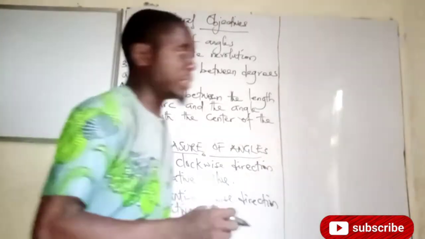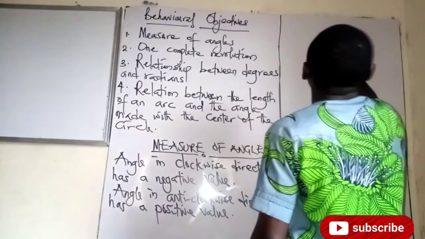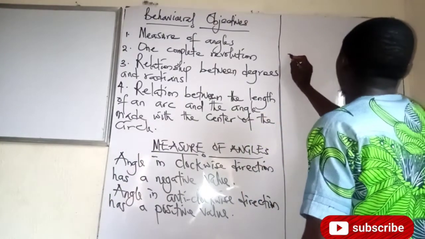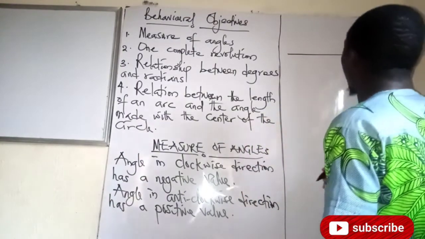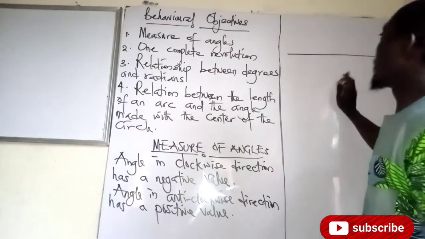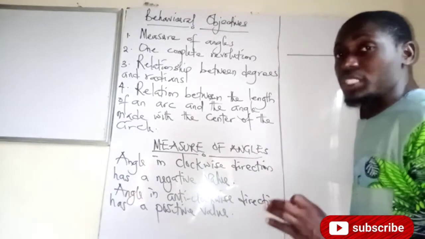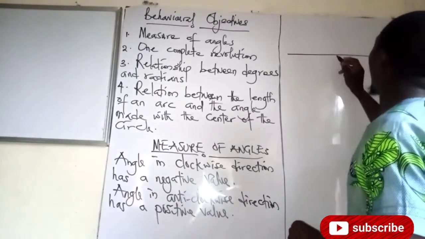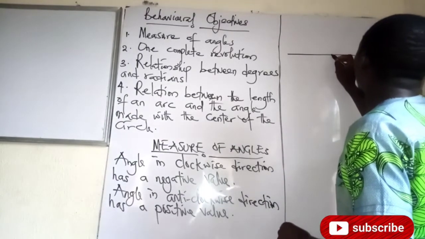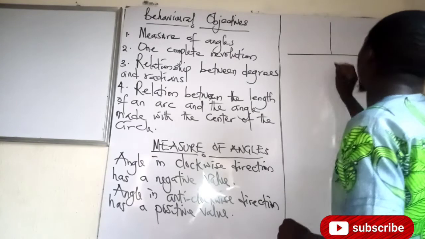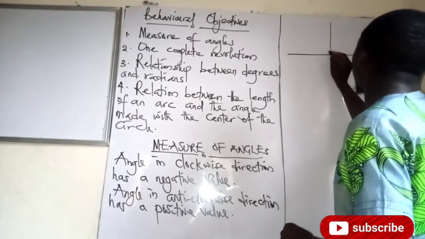Let's take, for instance, if I have a circle, if I have a straight line, and we know that angle on a straight line is 180 degrees. So I have this perpendicular line that makes it 90, 90.